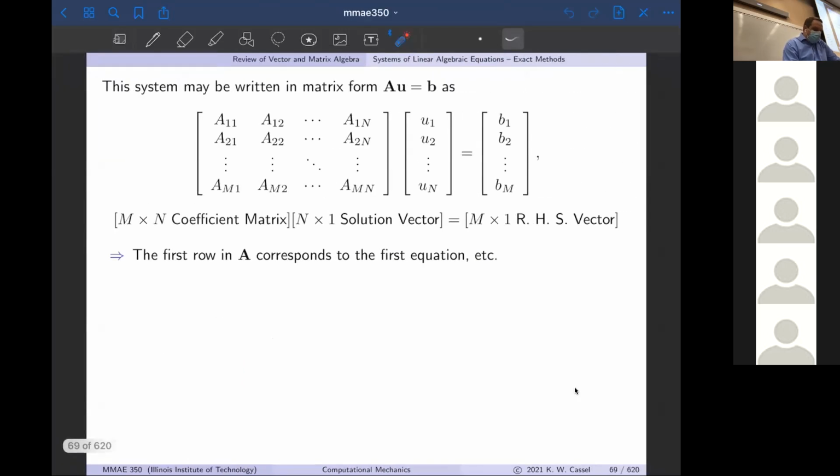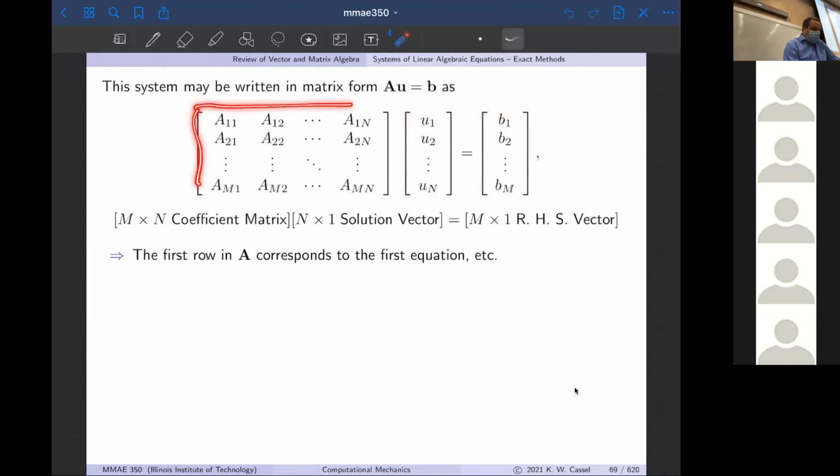In matrix form, we write it as A u is equal to b, where the b is all the b constants on the right-hand side as a vector. The u is a vector of all the values that we're looking for, the u's that we're looking for.